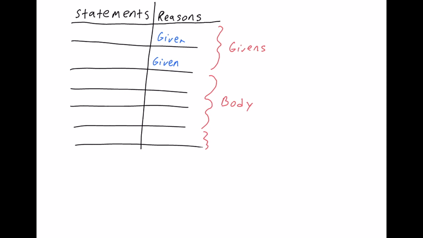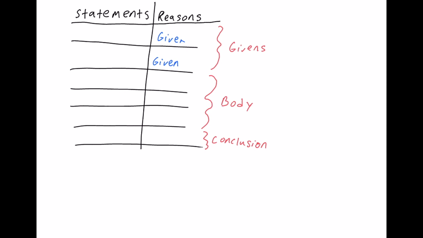And then the final part is the conclusion. Usually it's only one line. And in the conclusion is where you will say that, in this case, the two lines are parallel usually. They may be looking for something else, but in this case they're probably looking for the fact that the two lines are parallel. Okay?